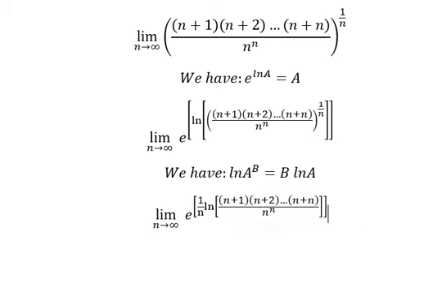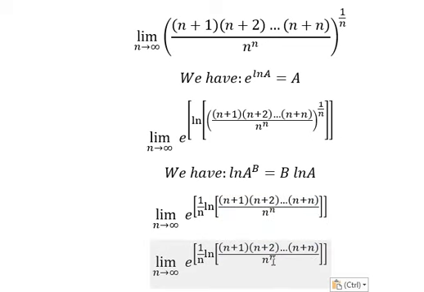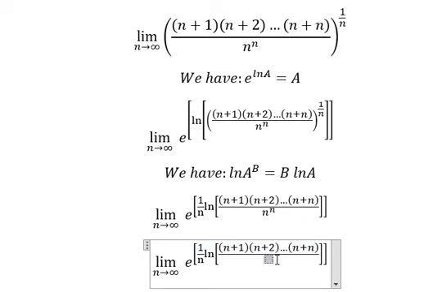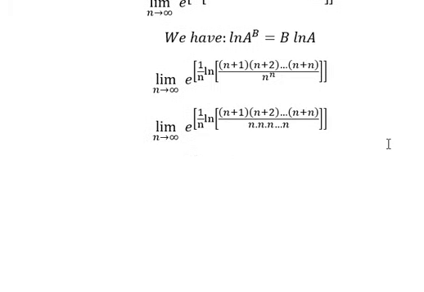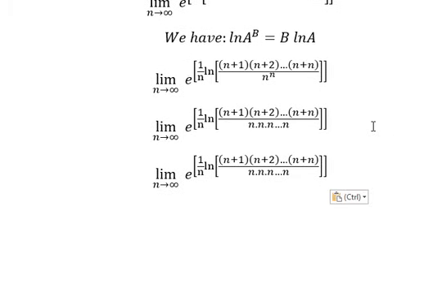Next, n to the power of n, we can put into n multiplied by n multiplied by n. And so on in here. Next, in this one, we can distribute n for n plus 1, n plus number 2, and n plus n.